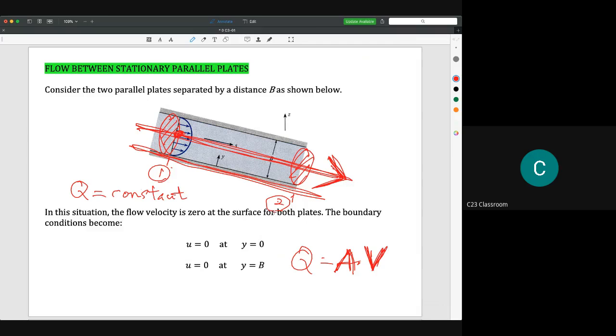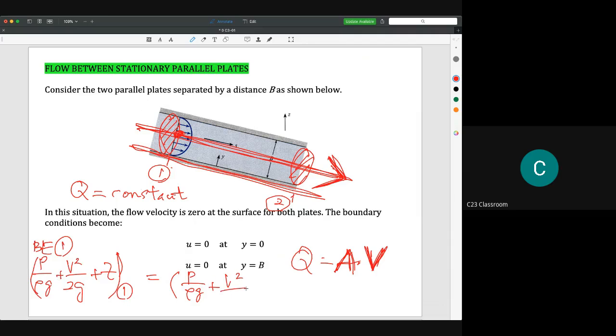The Bernoulli equation at point 1 is P over rho g plus V squared over 2g plus Z. It is equal to the Bernoulli equation at point 2, P over rho g plus V squared over 2g plus Z, and we need to add the losses, hf.